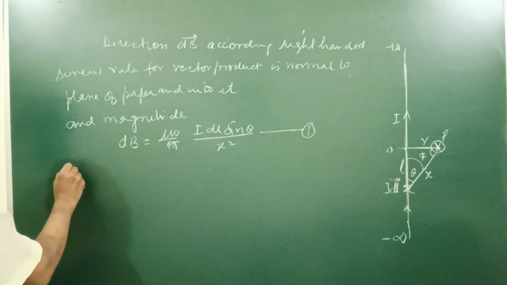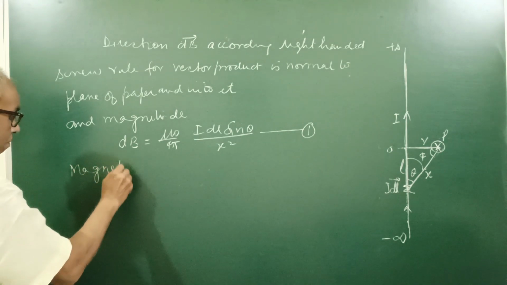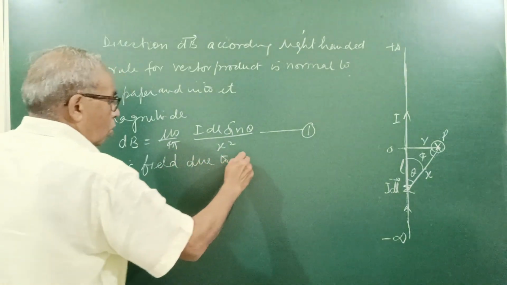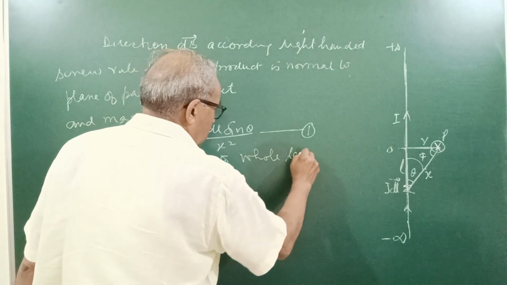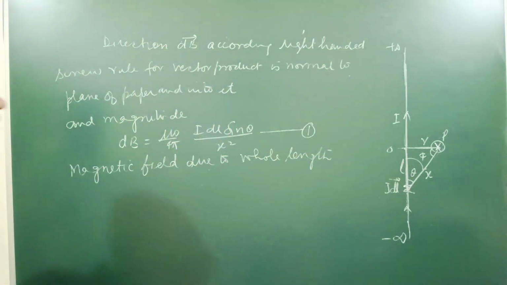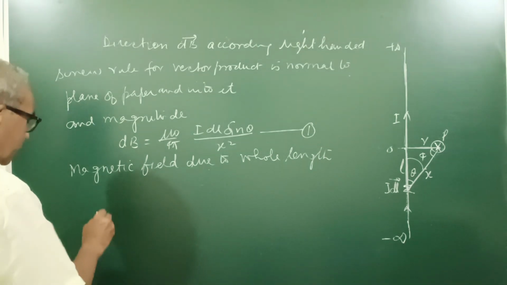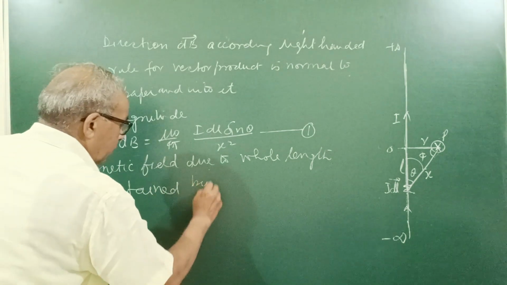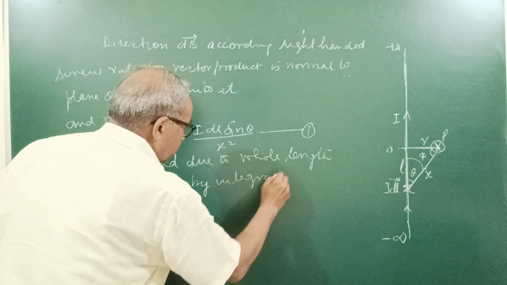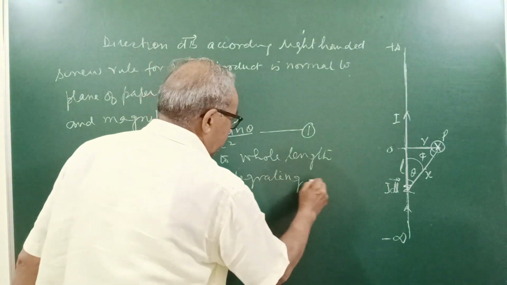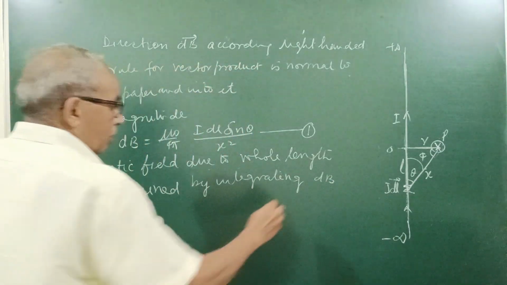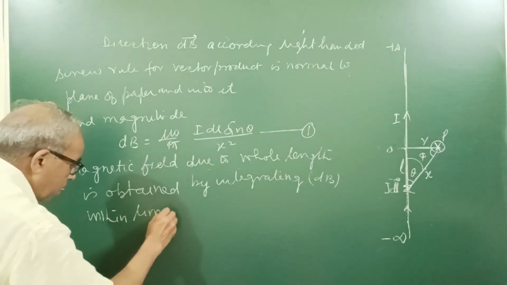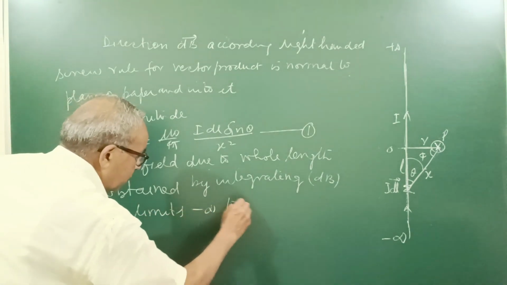So the magnetic field due to the whole length is obtained by integrating dB within limits minus infinity to plus infinity.